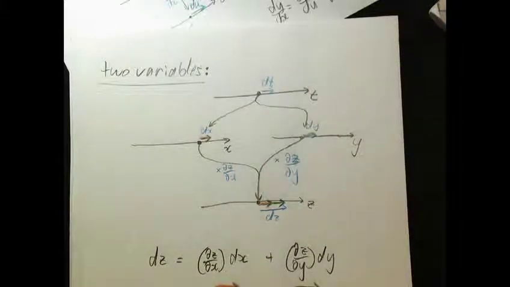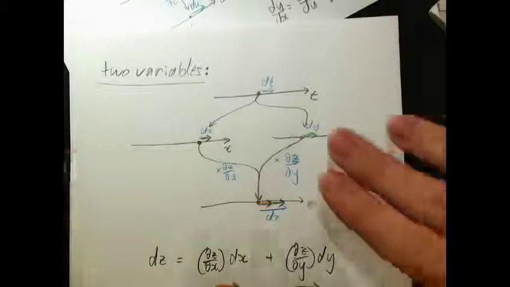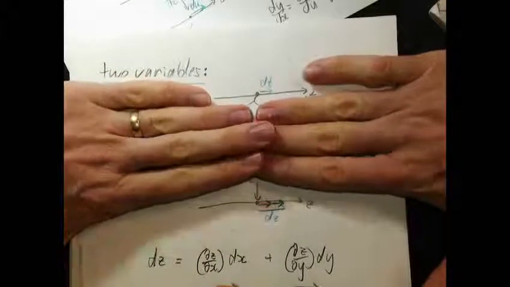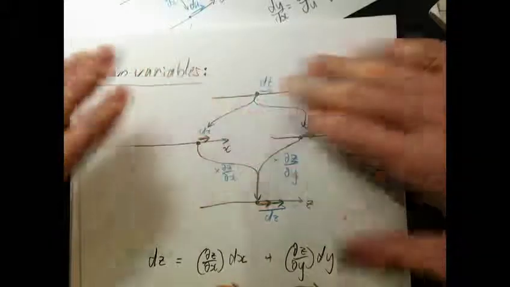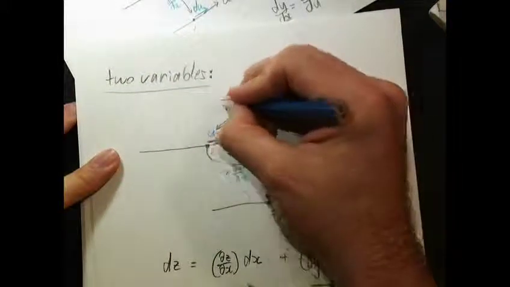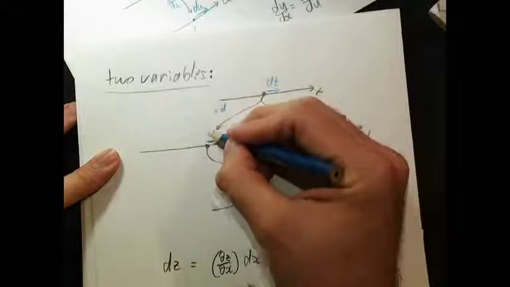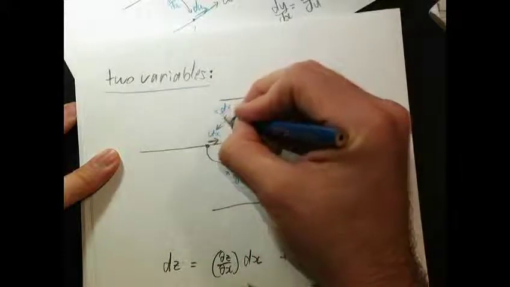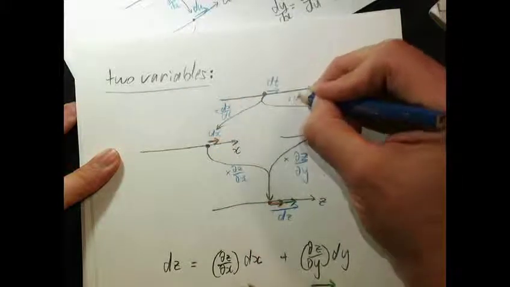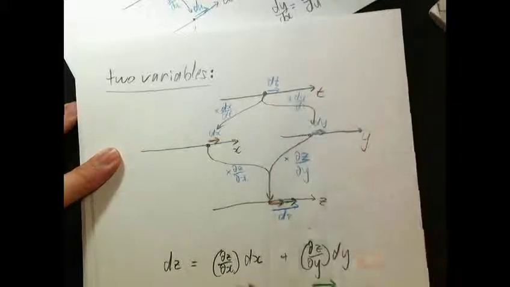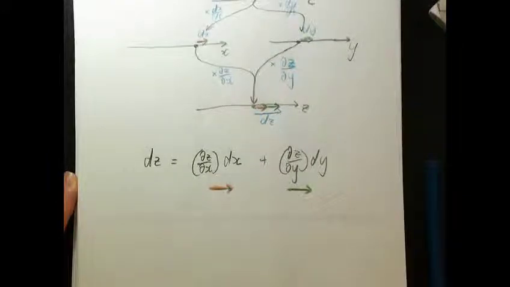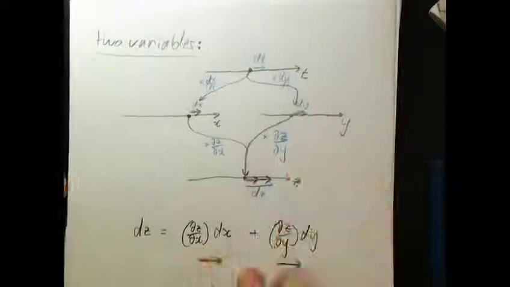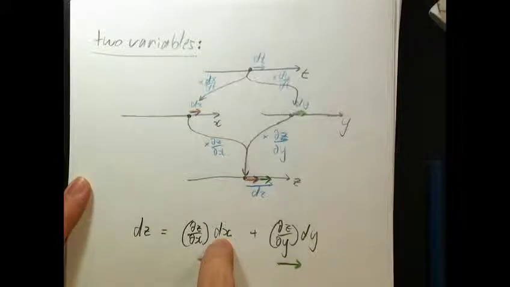Okay, my goal now is to say, well, what if I could hopefully ignore everything that happened in the middle and directly figure out how dt is related to dz? Well, I would first need to know how dt changed the dx, and that would be dx on dt, and how dt changed the dy, that would be dy on dt. Right? And so I would say that this dx was really dx on dt times dt.